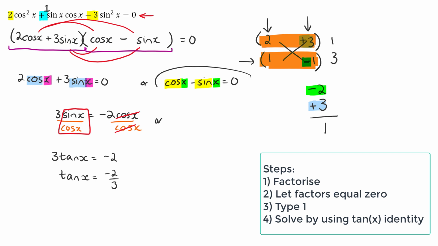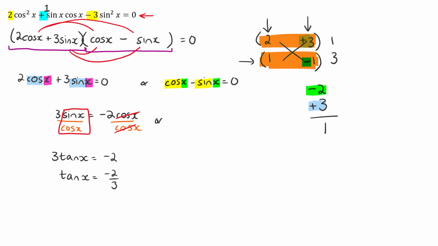And on this equation over here, we do the same thing. We're going to get sine x is equal to cos x. If we move that sine x over, we divide both sides by cos x. The cos and the cos will cancel. Sine over cos becomes tan. So we get tan x equals 1.